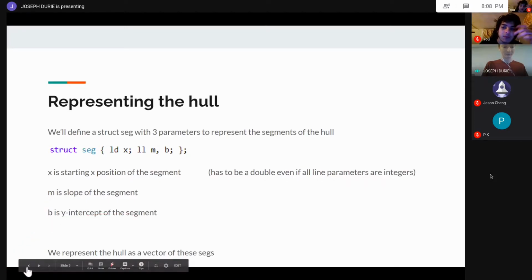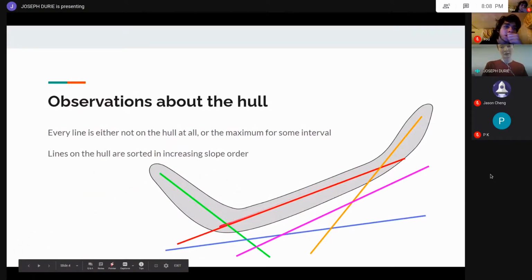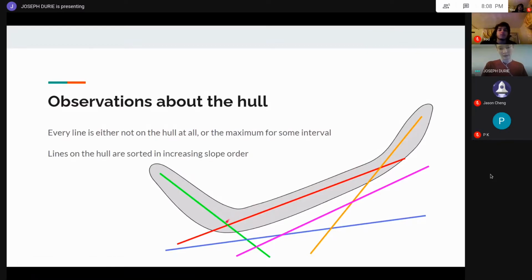For example, for the red line, its starting x value would be this point, because this is the first point where the red line gives the maximum. So we would store this as whatever this x value is, comma, whatever the slope and intercept for the red one are. And for the green, we represent its start point as negative infinity.